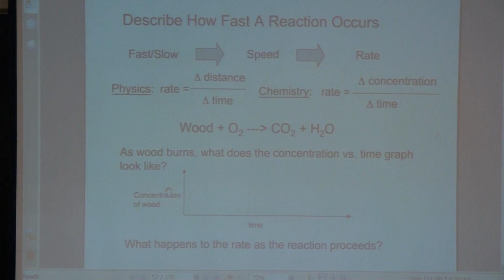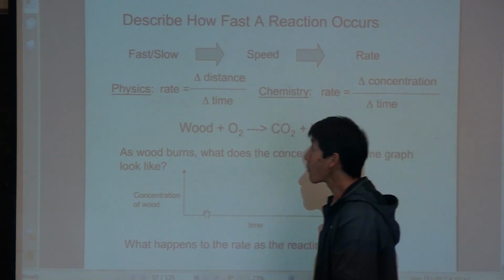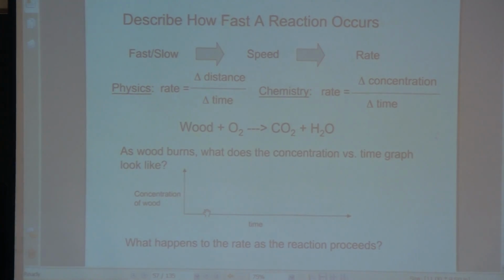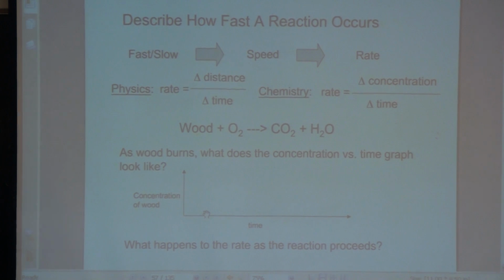So note that on the y-axis we have the concentration of wood, the reactants. On the x-axis is time. What would this graph look like? So I'll give you a few choices here for this graph.